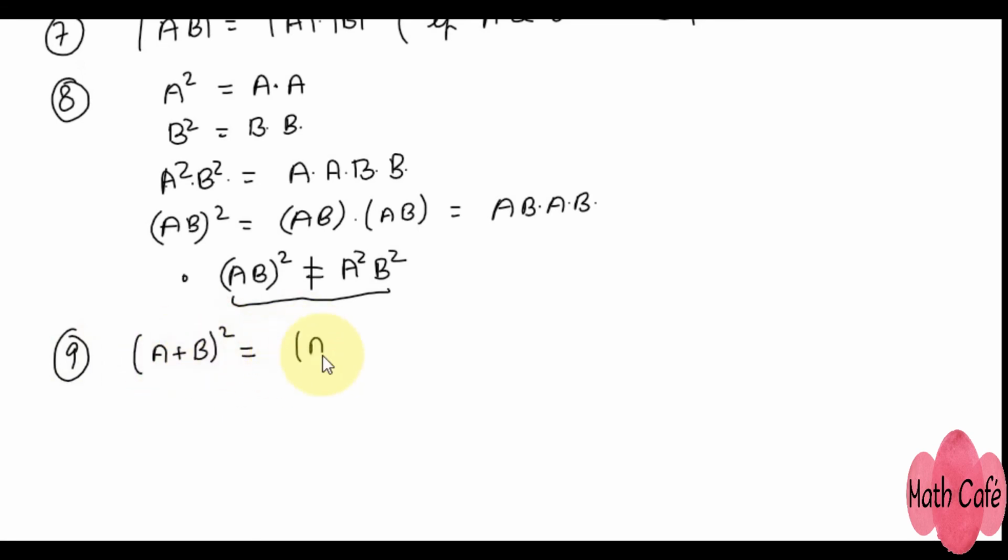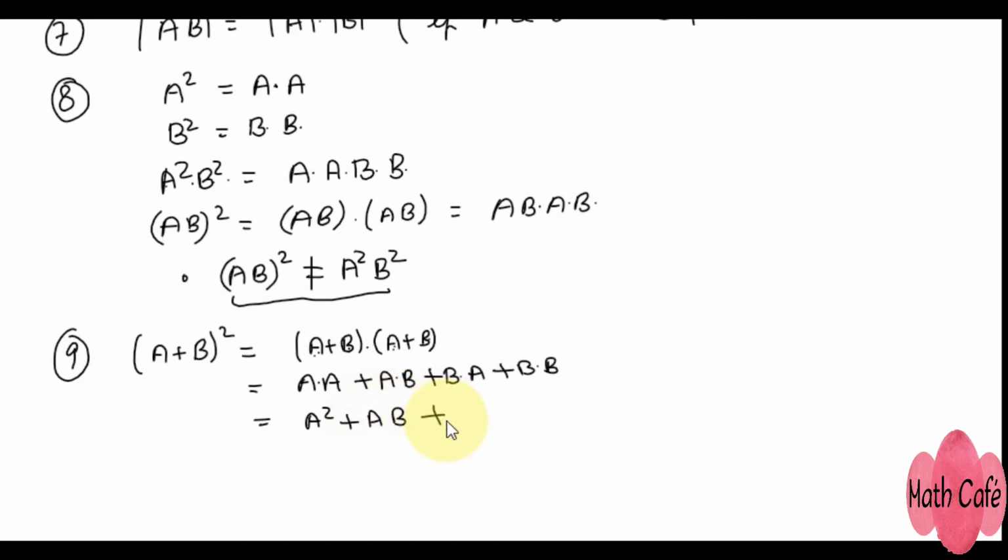We will write it as A plus B multiplied by A plus B. With the help of the distributive law, we can write it as A multiplied by A plus A multiplied by B plus B multiplied by A plus B multiplied by B. Or we can write it as A square plus AB plus BA plus B square. Hope you understand this.